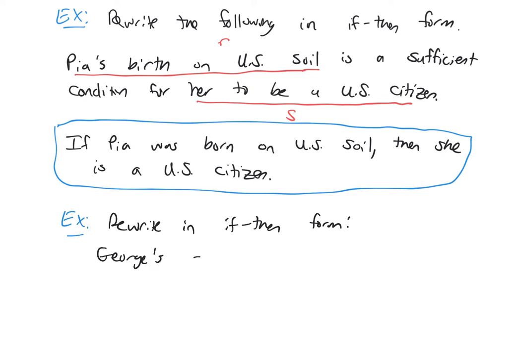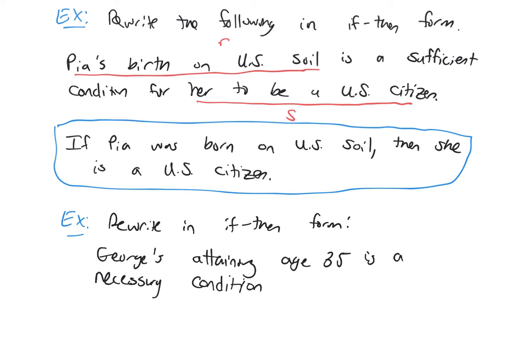George's attaining age 35 is a necessary condition for his being President of the U.S.